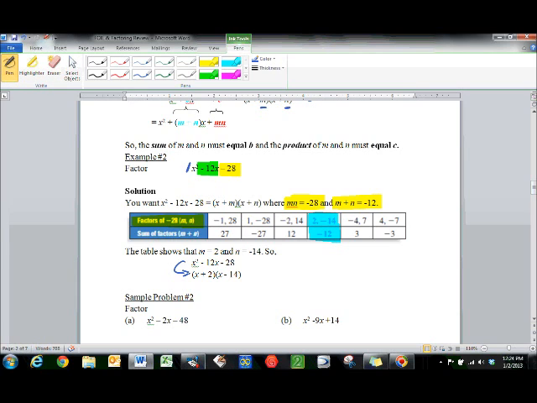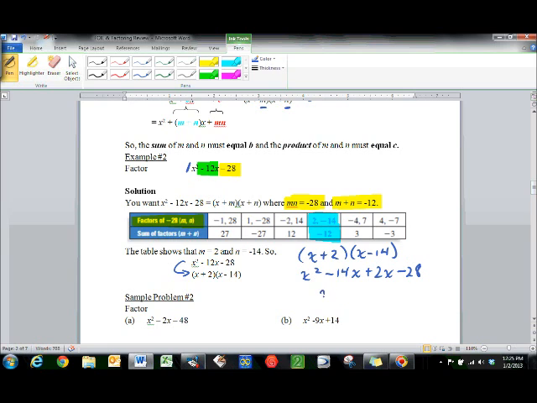Now, if we wanted to check this and see that we did this correctly, we would simply take the two binomials and then FOIL them back together. If we did this properly, the FOIL should bring us back to the original trinomial. So x times x is x squared, x times negative 14 is negative 14x, 2 times x is a positive 2x, and 2 times negative 14 is negative 28.